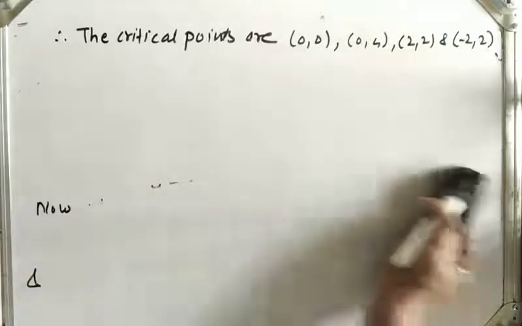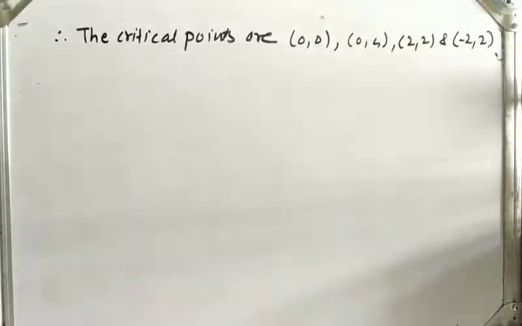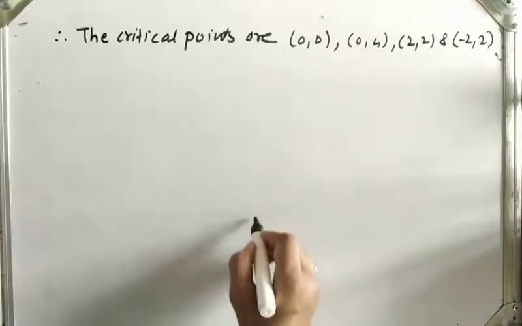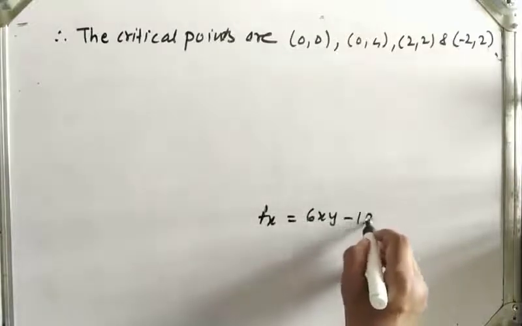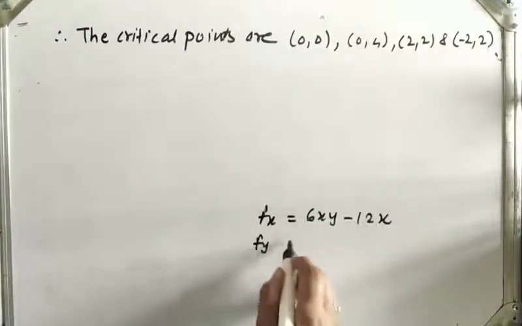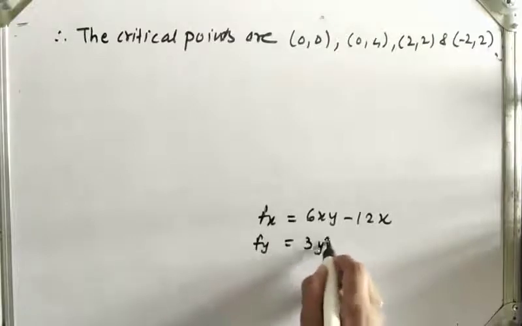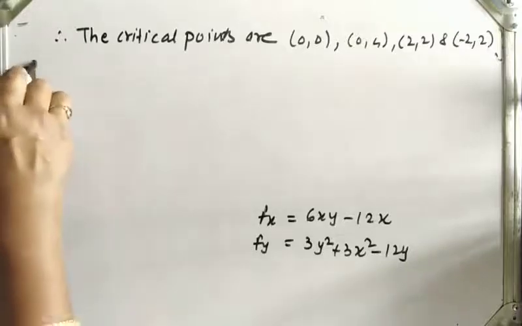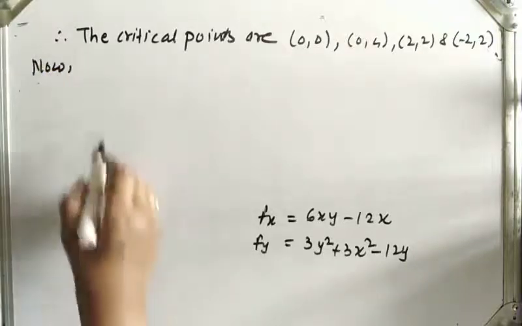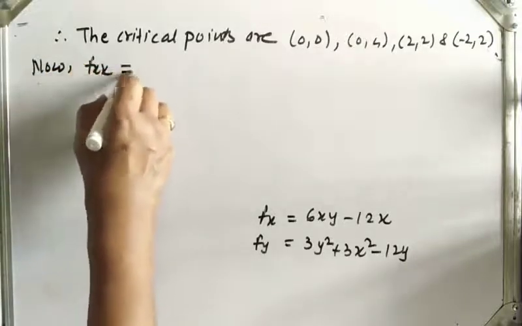Now let us find out fxx, fxy and fyy. For that, first, what is our fx? Our fx is 6xy minus 12x. Our fy is 3y square plus 3x square minus 12y. Now using this, let us find out fxx.